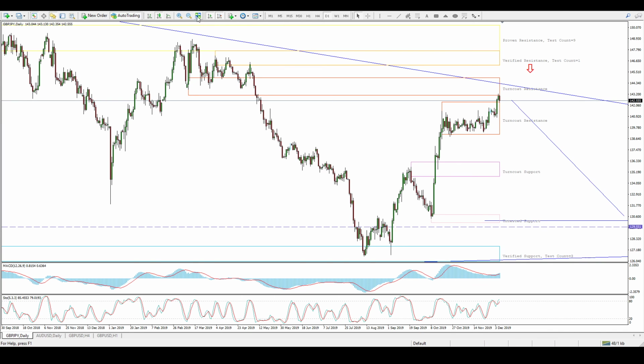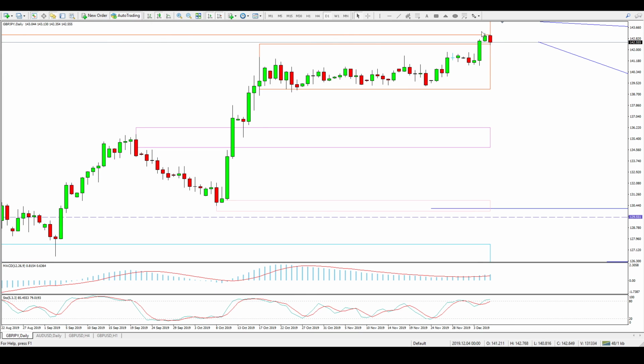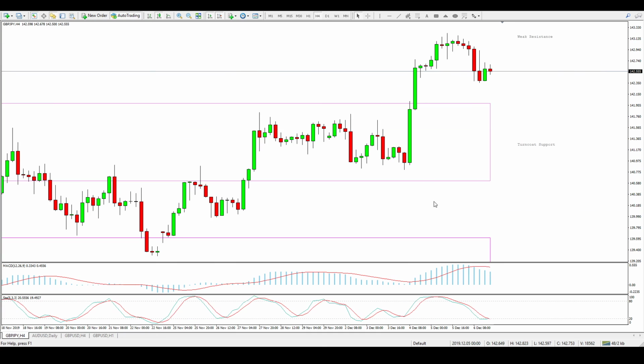Now, when we look at daily, take a look at this red bar that took over one full day. This is a good place to sell. 4-hour chart.